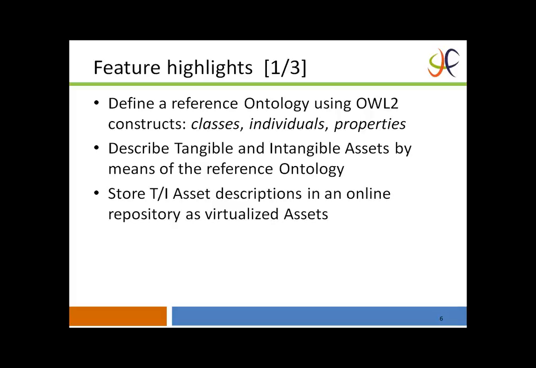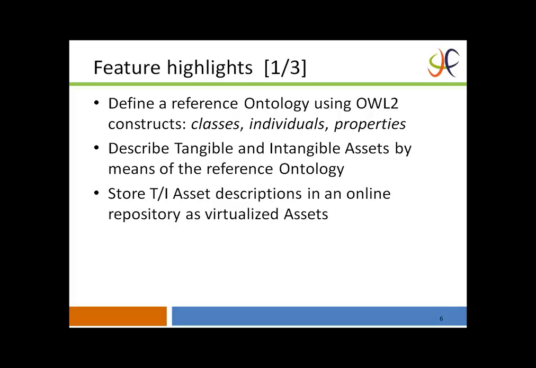So let's have a brief walkthrough across the features of FITMAN CAM. By means of this tool, you can define a reference ontology to describe your assets, and this you will do using some constructs coming from OWL 2, like classes, individuals, and properties.